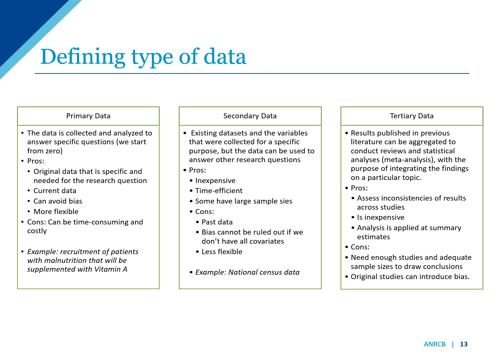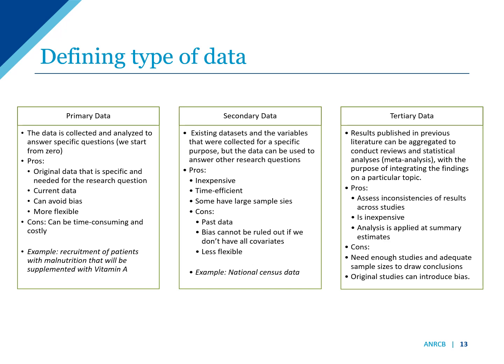Primary data are collected and analyzed to answer specific questions. We start from zero, we do not have data, and then we collect the data and analyze it. The pros are that this is original data that's specific to what we need for our research question. We get to ask the questions that we want to ask or collect all of the data that we would like to collect that's feasible.